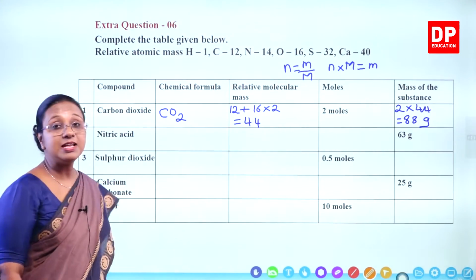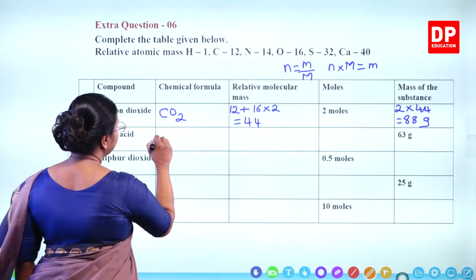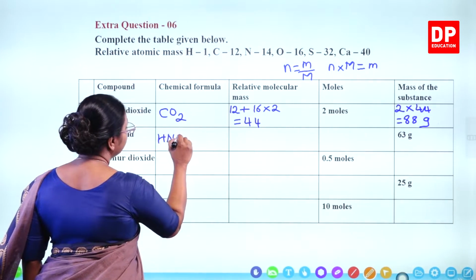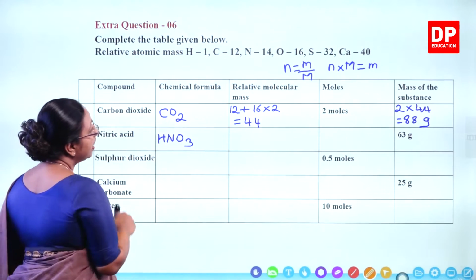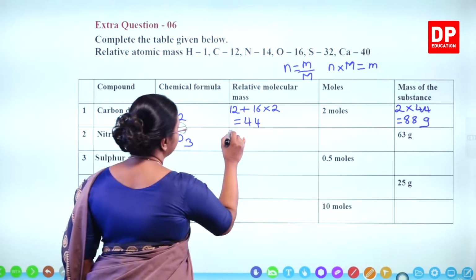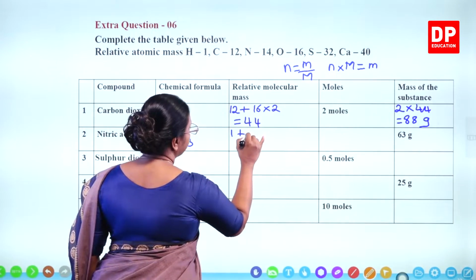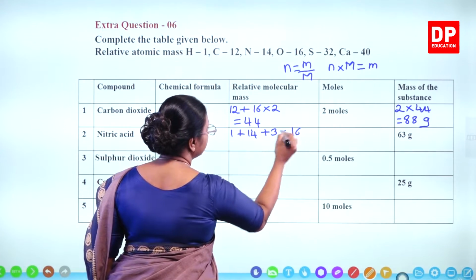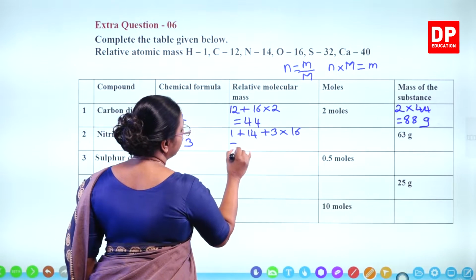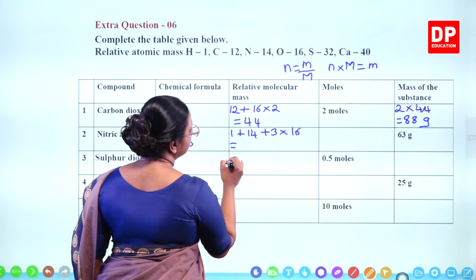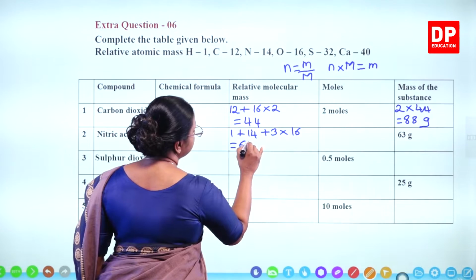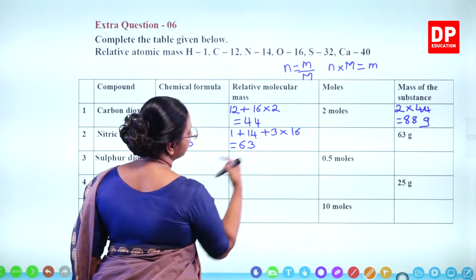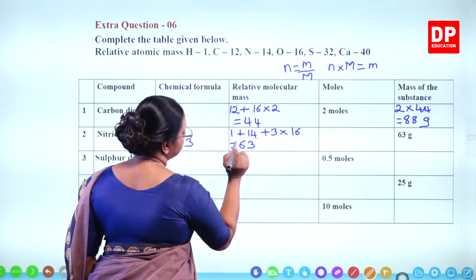Then we have nitric acid. What is that? HNO3. Relative molecular mass, hydrogen 1, then nitrogen 14. There are 3 oxygens into 16. So that will be equal to 63. 3 into 16, 48. 63.